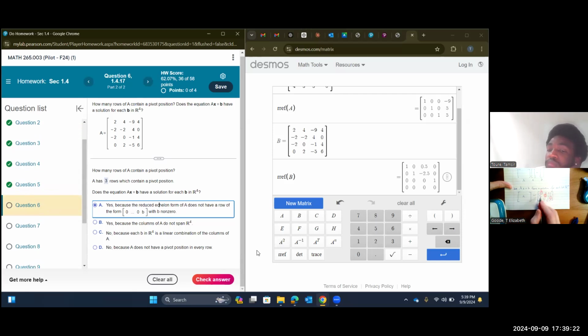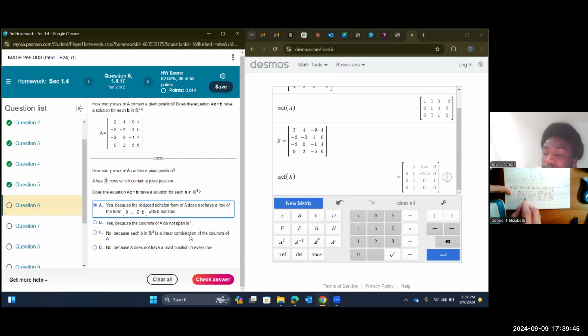So x1 is a basic variable, it has a pivot. x2 is a basic variable, but x3 is free. x4 is basic. The point is, this is A in row reduced form, so those pivot positions are exactly the same in the original matrix, okay?